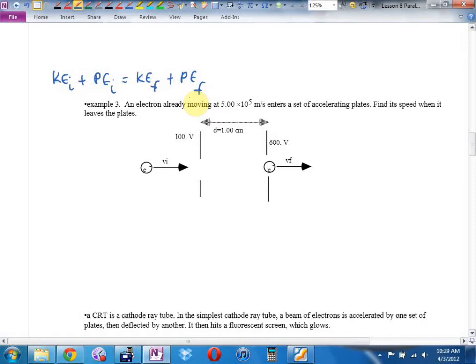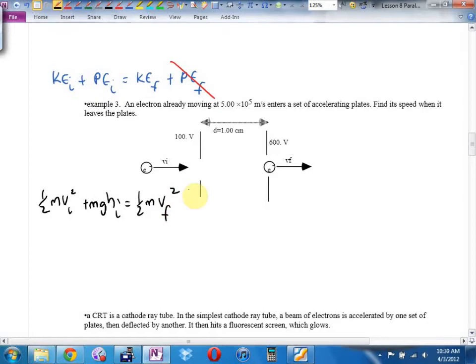Are any of these zero? Now, last time we said we're starting from rest and we did this. This time, sadly, we can't. But you know what? I think once I travel through all of the voltage, I've used up all of my potential energy. I'm going as fast as I'm going to go. We're going to get a half mv initial squared plus mgh initial equals a half mv final squared.